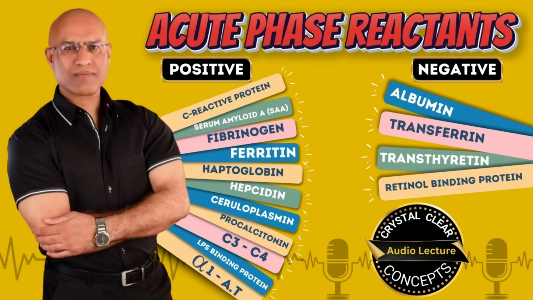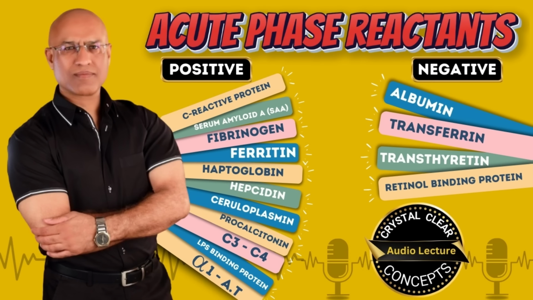So what we do, our liver, under the influence of pro-inflammatory cytokines, especially interleukin 6, changes plasma proteins in such a way that some are increased and others are decreased, so that the availability of iron for the pathogens becomes less. Let's look at those proteins. First of all, I will tell you about haptoglobin.